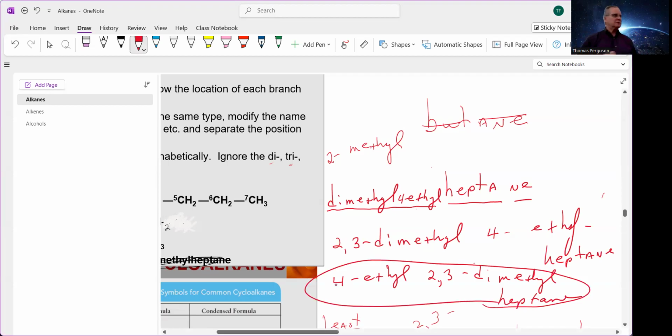So that's the official name. So we want lower numbers and alphabetized. Now, it doesn't get much harder than that one.